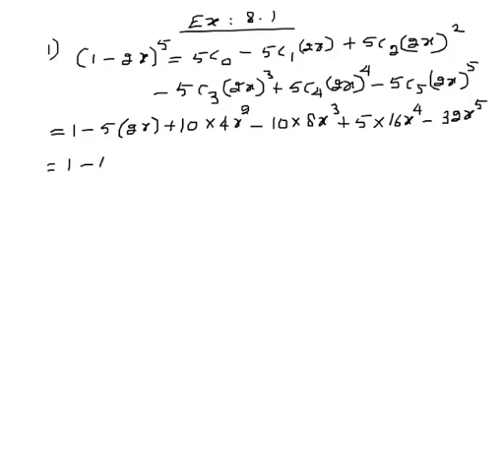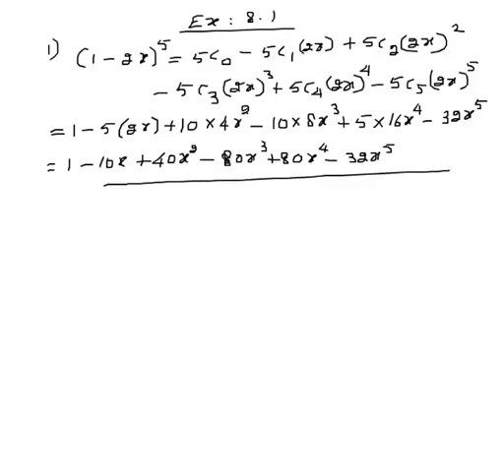The answer is 1 minus 10x plus 40x square minus 80x cube plus 5 16s are 80, x raised to 4, and minus 32x raised to 5.